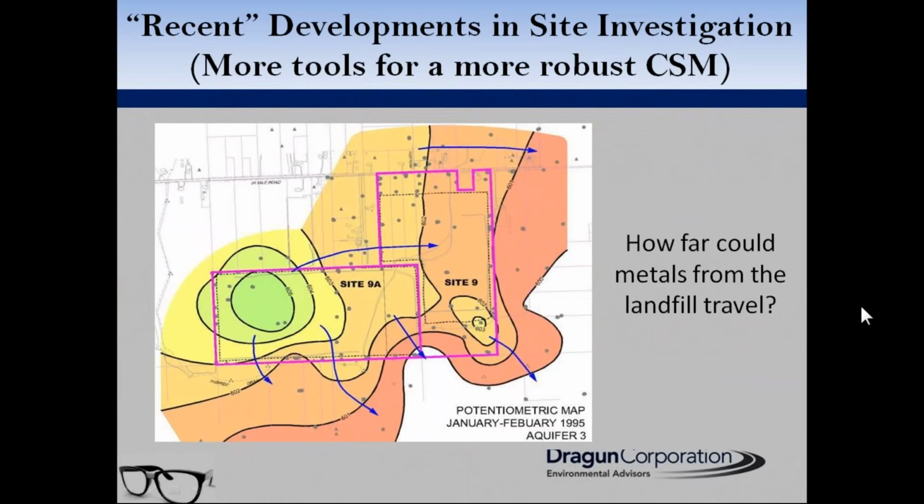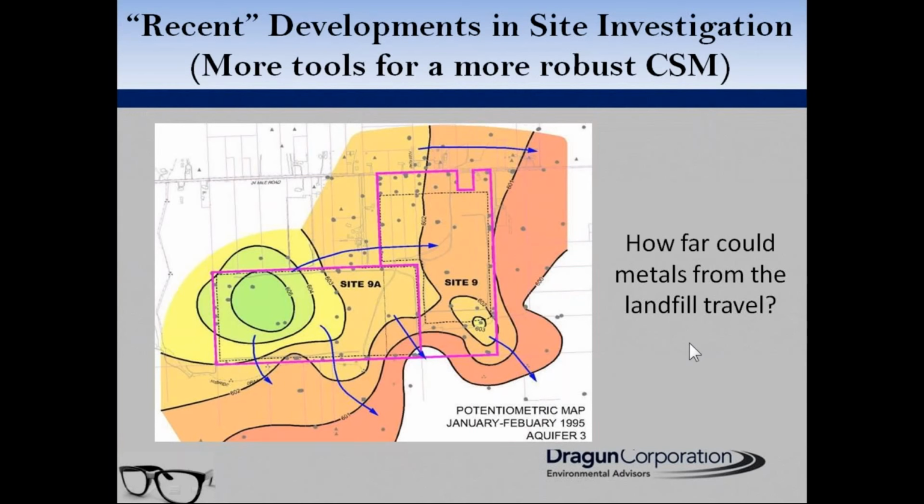This is a landfill that we worked on that ended up with a $100 million plus judgment. Very complex multi-aquifer site, and we're looking at groundwater flow in the 3rd aquifer. This is just a flow map showing that flow radiated out of these landfills to the east and to the south and the southeast.